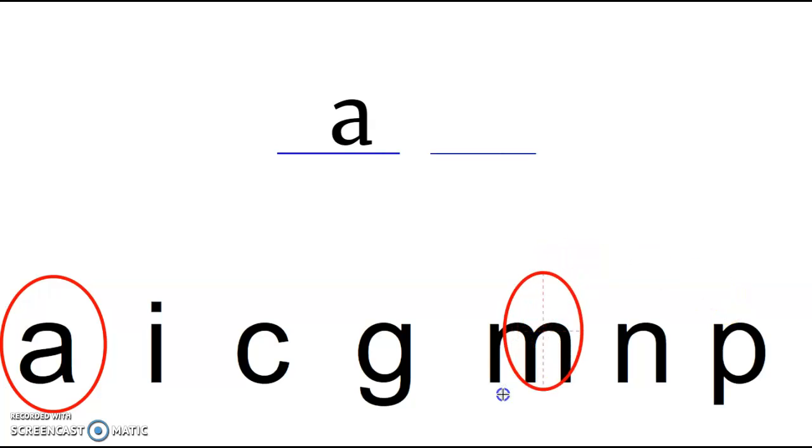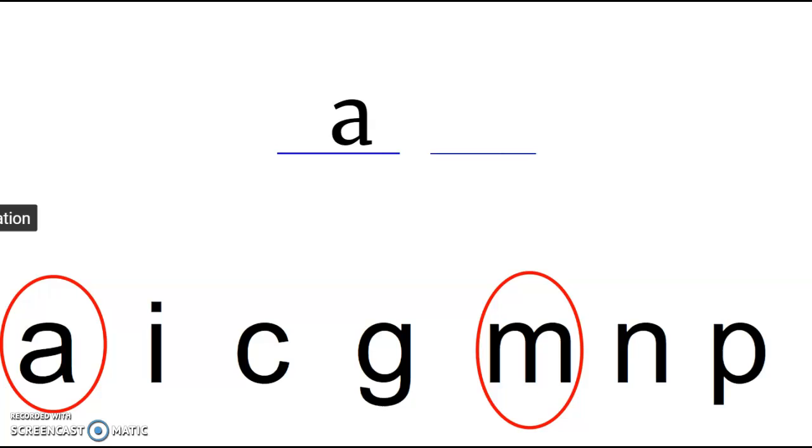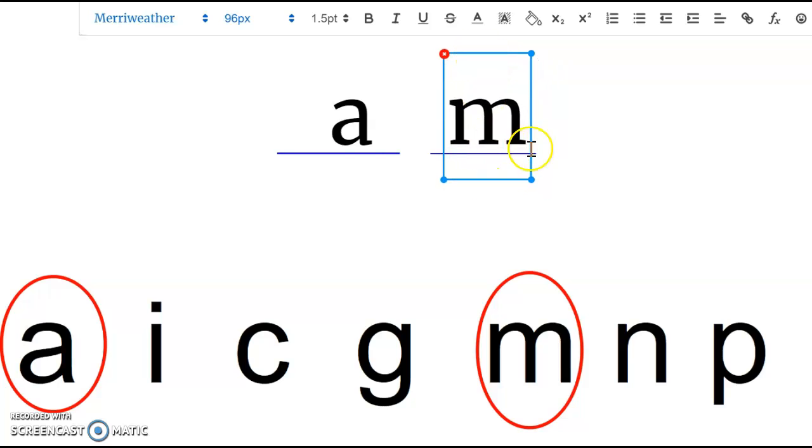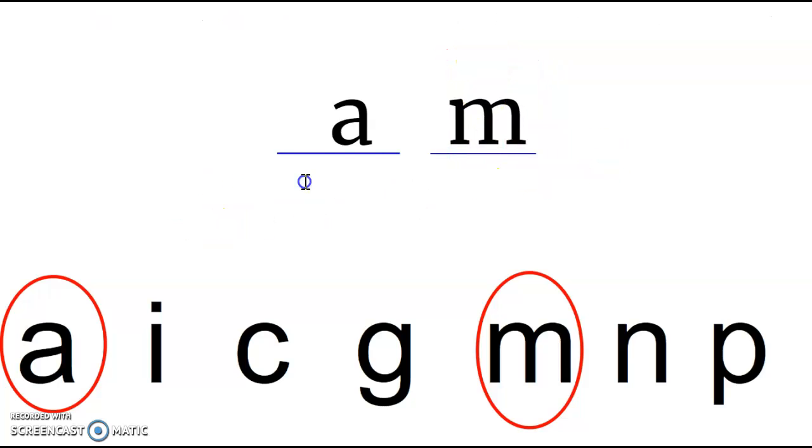If you chose letter M, you are correct. A-M spells am. Am. If you are nonverbal, remember that you can practice saying the letter sounds and the words in your mind.